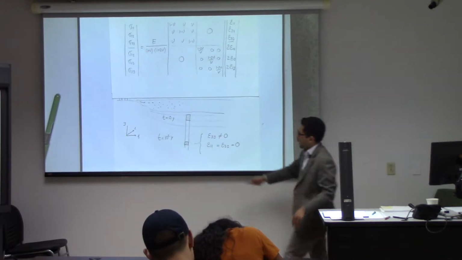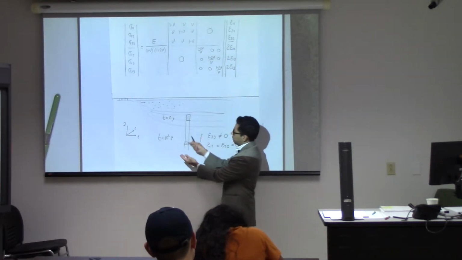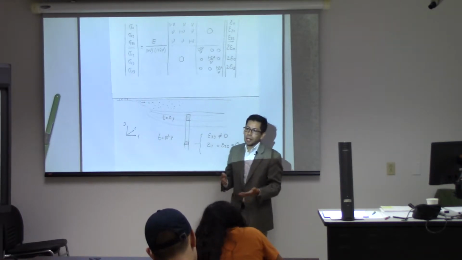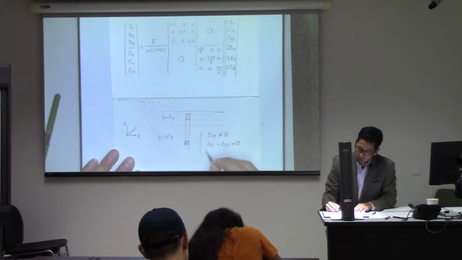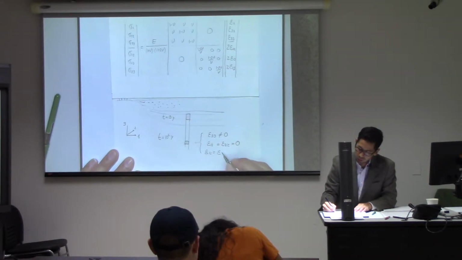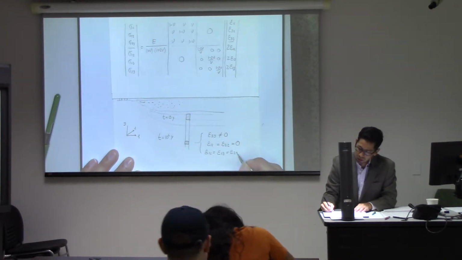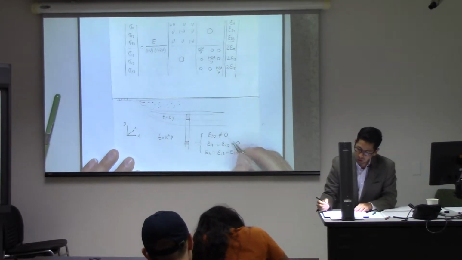Notice that I haven't changed the shape of the square, so there are no shear strains either. I'm going to write that epsilon 1,2 is equal to epsilon 1,3 equal to epsilon 2,3, also equal to 0.